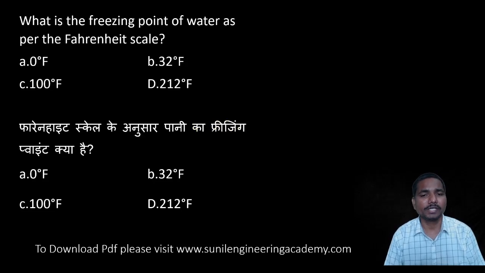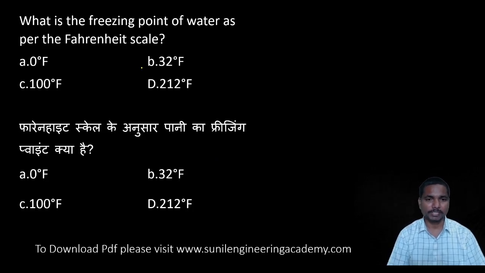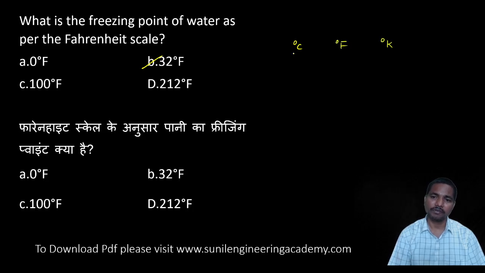What is the freezing point of water as per Fahrenheit scale? Freezing point in case of Fahrenheit scale is 32 degrees Fahrenheit. Celsius, Fahrenheit, Kelvin: these three are very important now. Freezing point or ice point, boiling point or steam point.